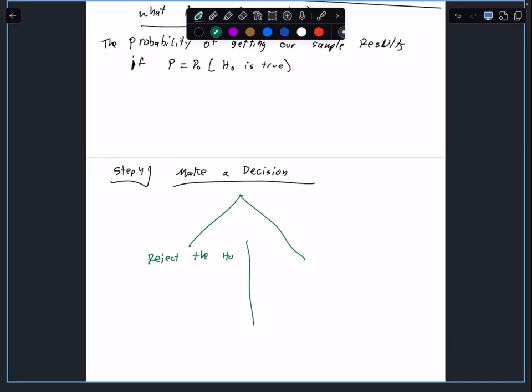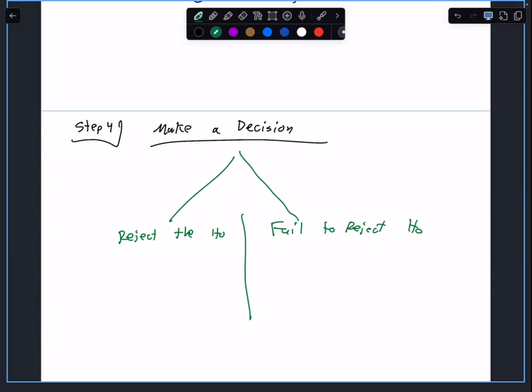Or 2, we fail to reject the null hypothesis. Remember, we can never accept the null hypothesis. In a court of law, when you reject the null hypothesis, we find the defendant guilty, or you fail to reject the null hypothesis, we find the defendant not guilty. You didn't say we find him innocent. We don't accept the null hypothesis. We just fail to reject it.